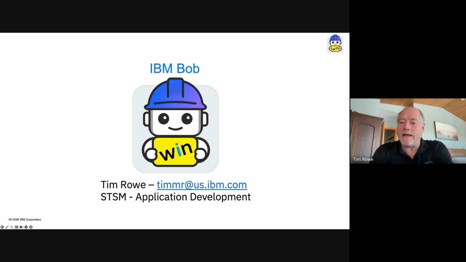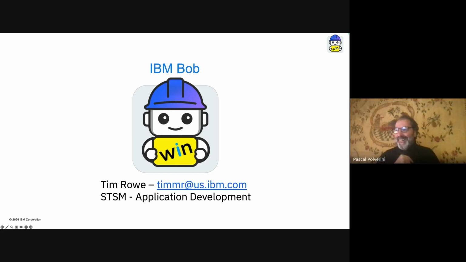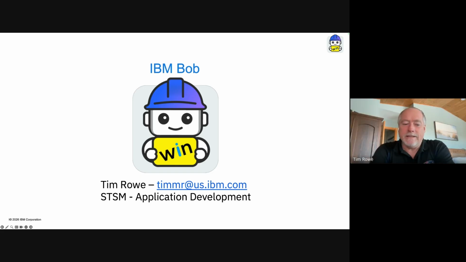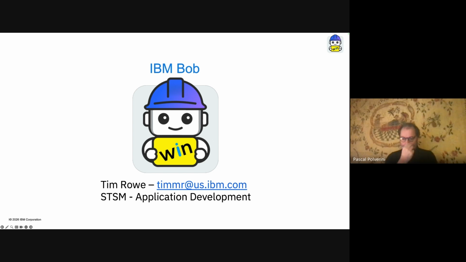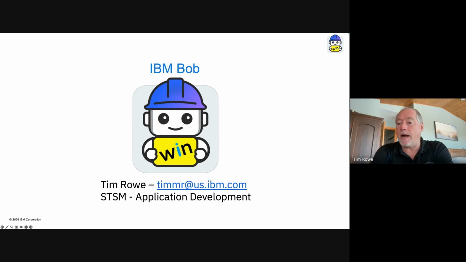IBM Bob has an official RFA, and the general availability is March 24. That will include multiple different purchasing options.